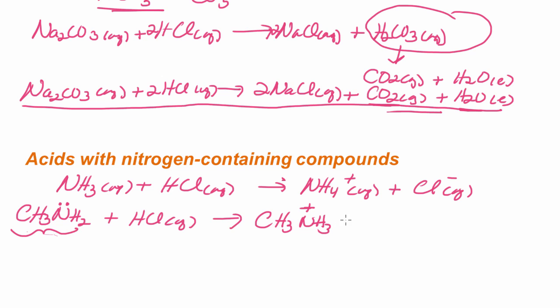And of course the chloride ion. Okay, and this is what we call an ammonium salt, and this is called methyl ammonium chloride. So practice those reactions. These are all on page 311 through 313. So take a look at these.